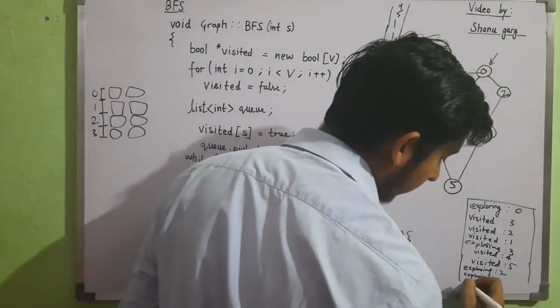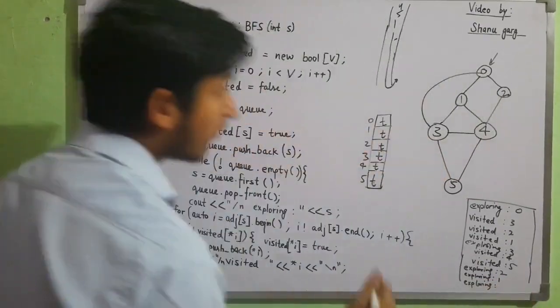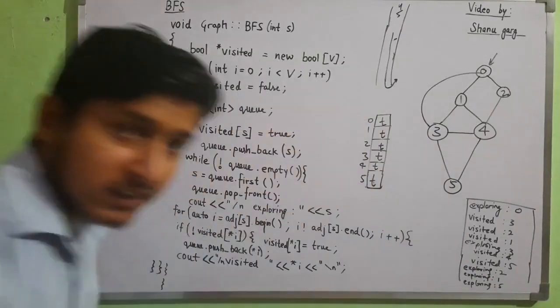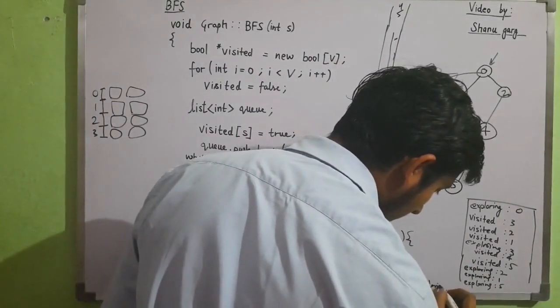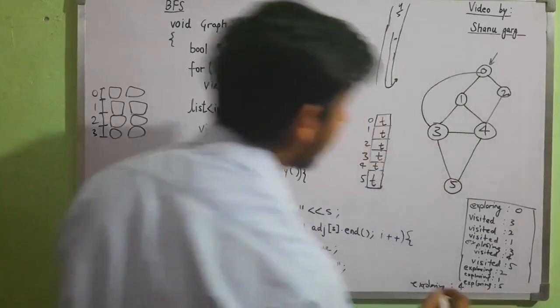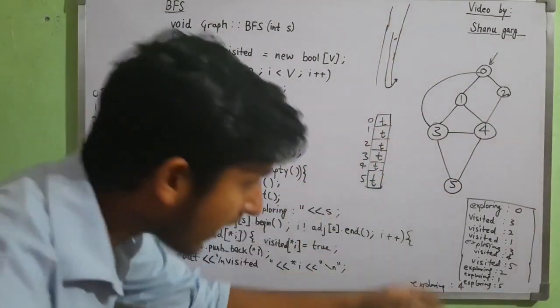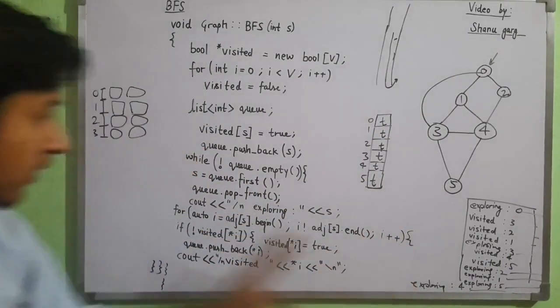After that, exploring 5, we will get nothing. Exploring 4, we will get nothing, and all of this is popped out, and everything is here. So all nodes of this graph are visited and explored by this function.